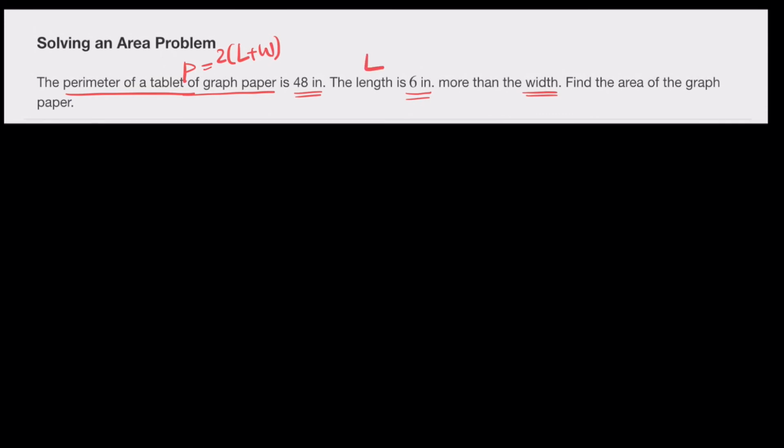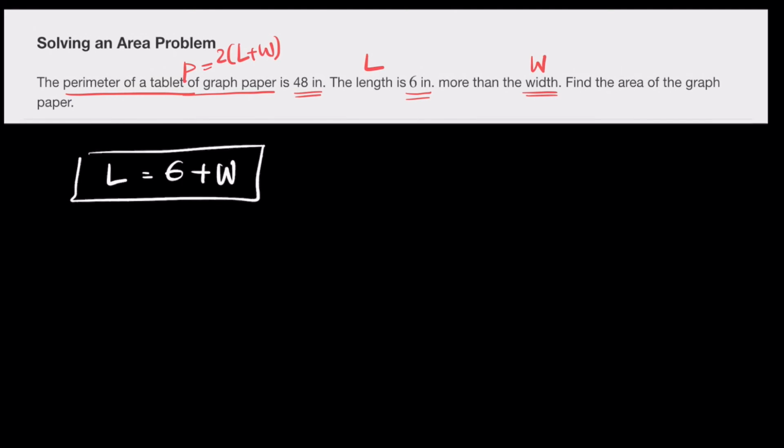So L is 6 inches more than W. So L, when you write down the value here, L is 6 inches more, which is 6 plus W, and you have W. So perimeter is given, which is 2 times L plus W. The value is 48 inches.